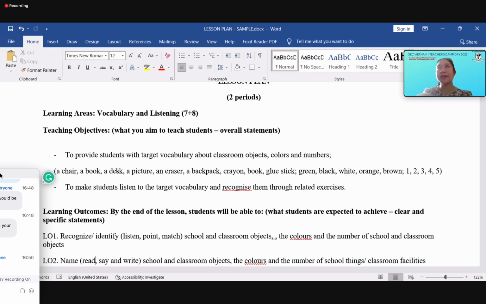Okay. And about design thinking and lesson plans, I know that we have to read more about design thinking, read the text that I gave you two days ago.